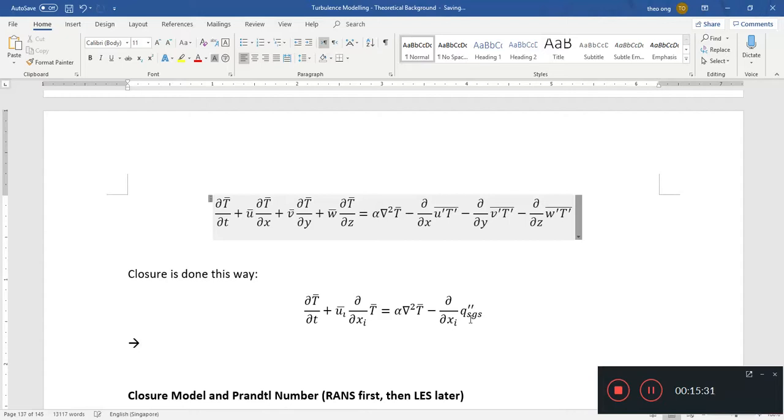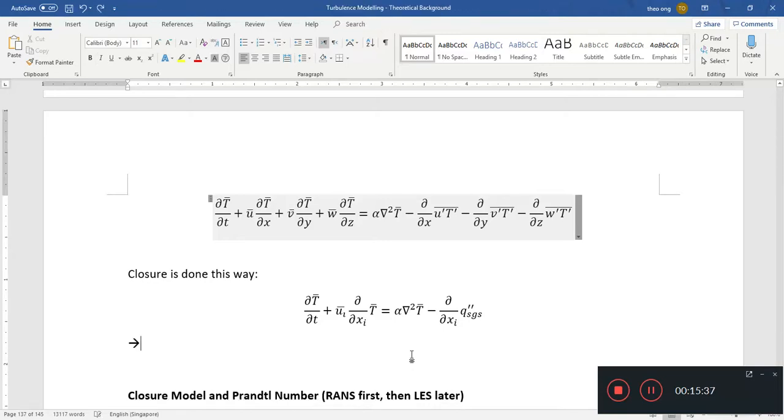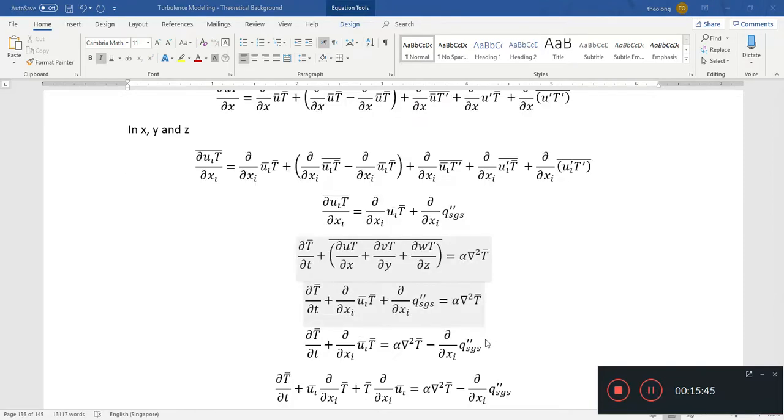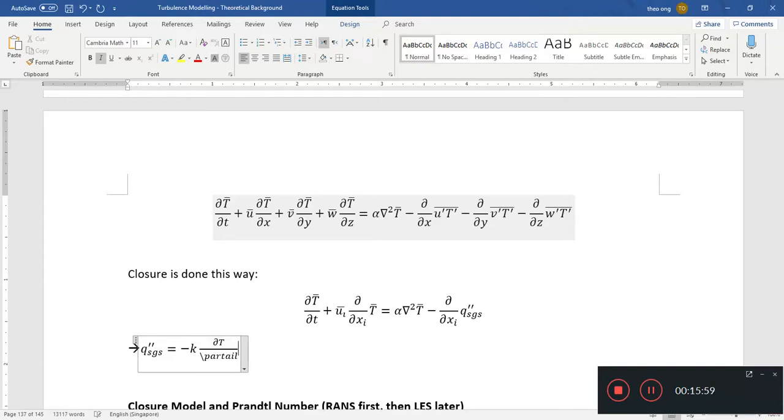So you have this term here, equals to minus alpha, some sort of conduction, partial T partial xi.